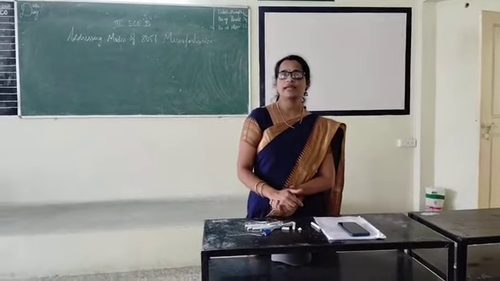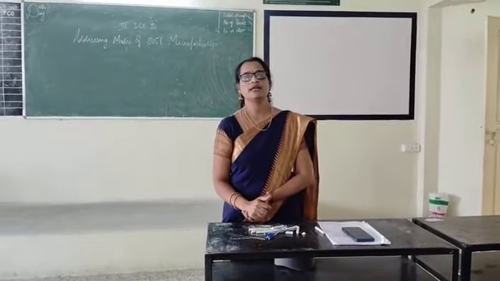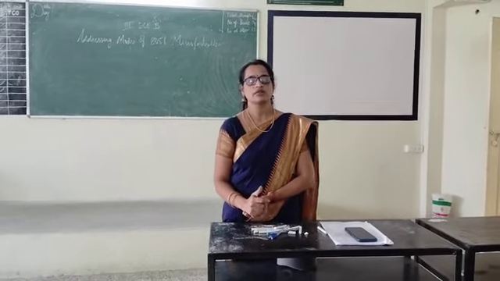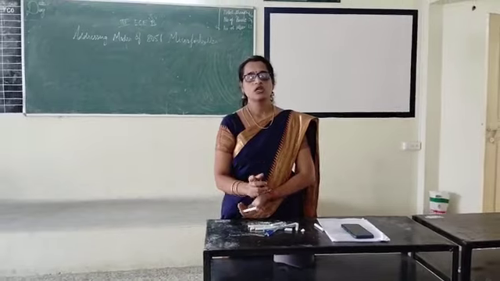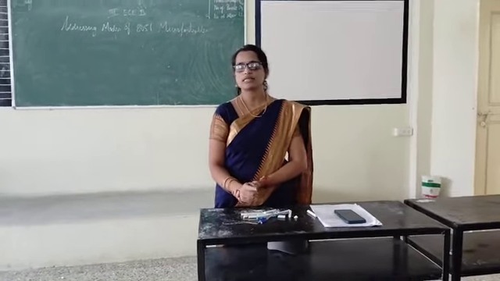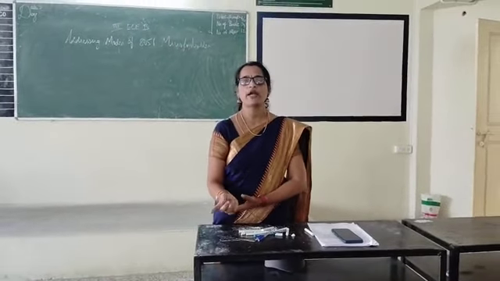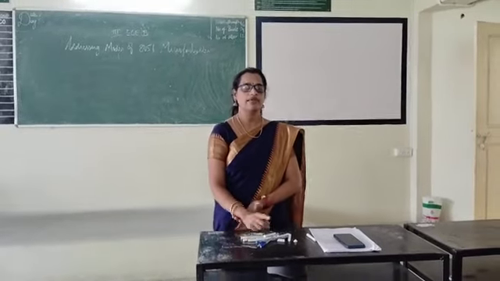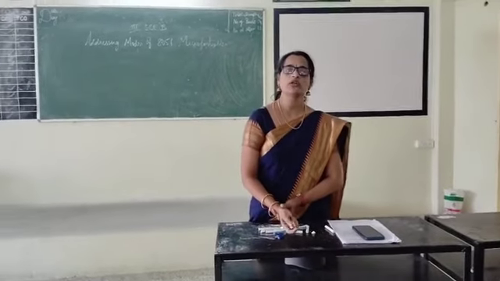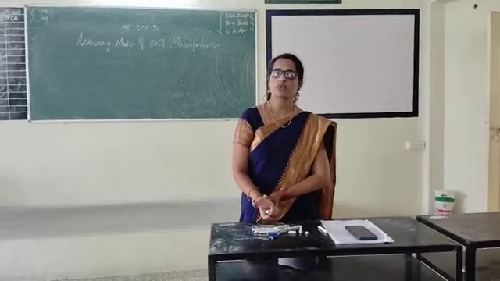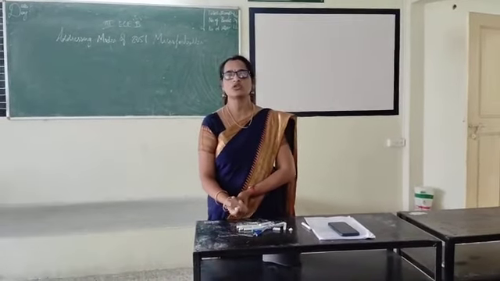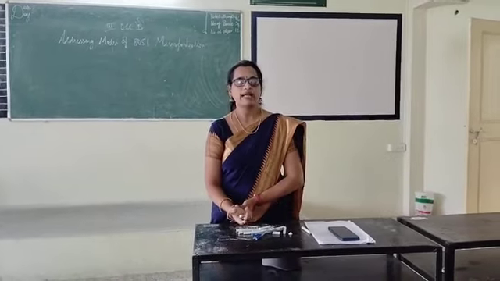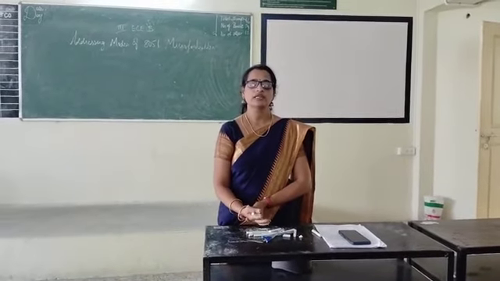We have a flag register, the program status word, in which we have RS1 and RS0. If the combination of RS1 and RS0 is 0, 0, it points to bank 0. If it is 0, 1, it points to bank 1. If it is 1, 0, it points to bank 2. If it is 1, 1, it points to bank 3. By default, it points to bank 0.